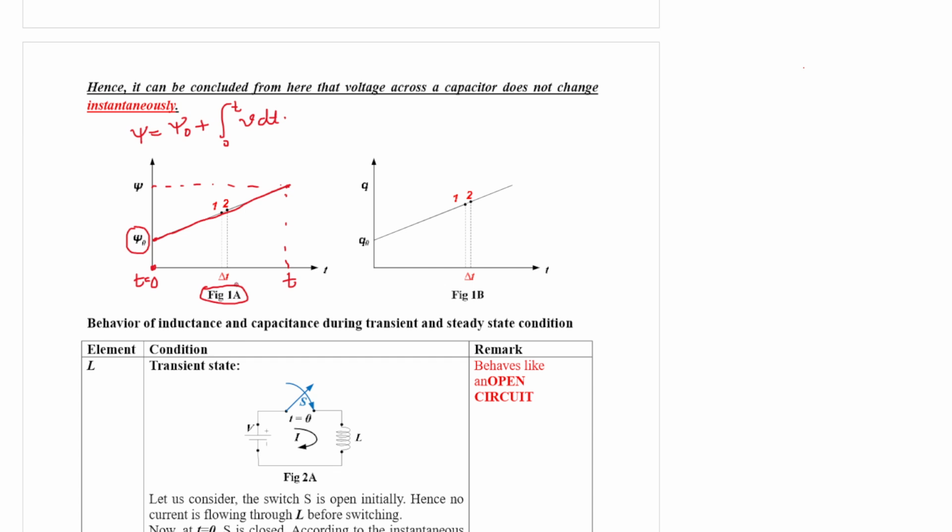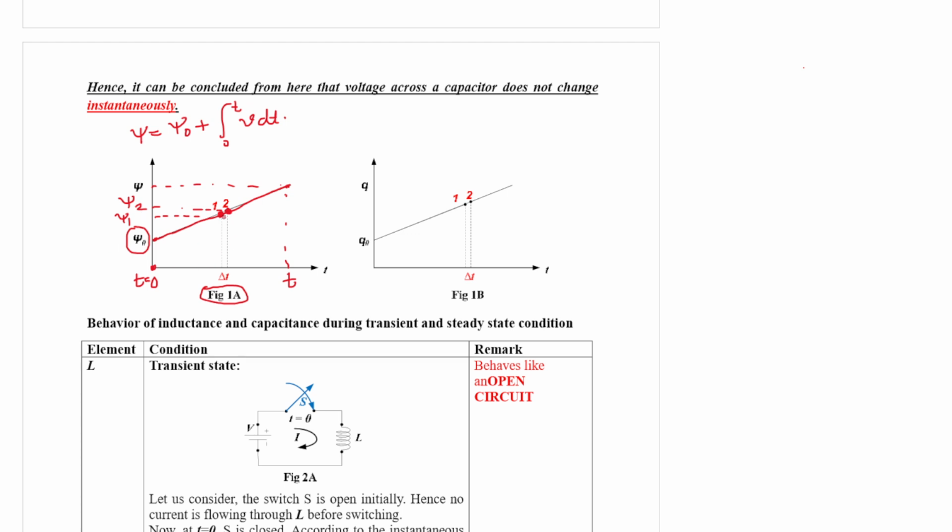It's very simple. Now if we consider these two points, point number 1 and point number 2, they are very close to each other. Let us say point 1 has a flux linkage of psi 1 and point 2 has a flux linkage of psi 2.